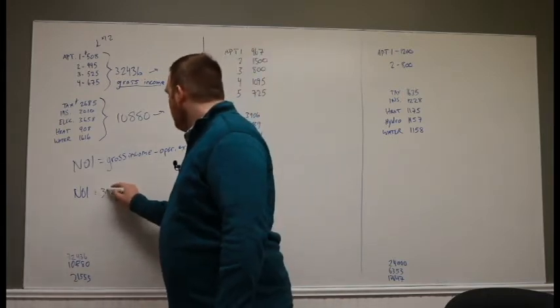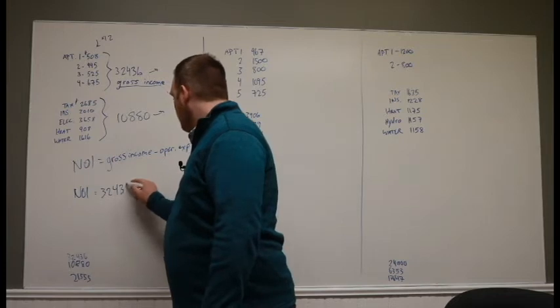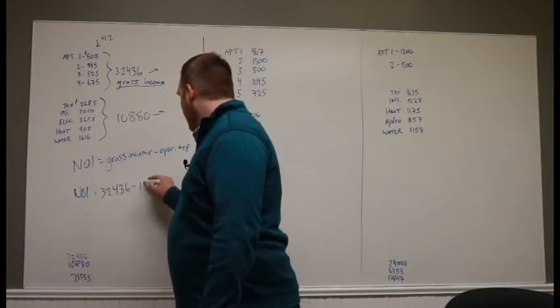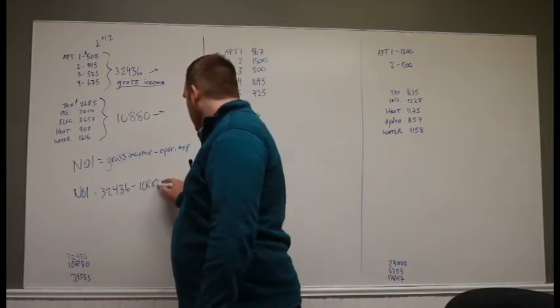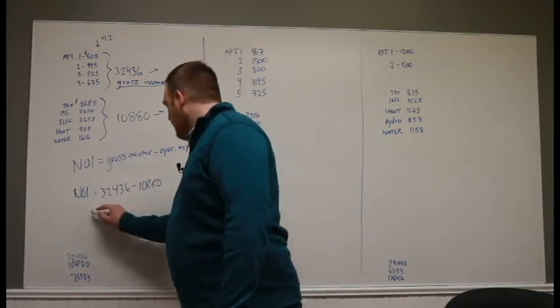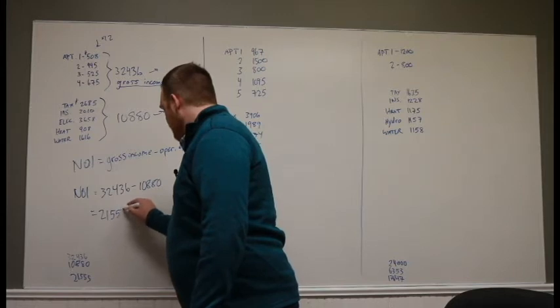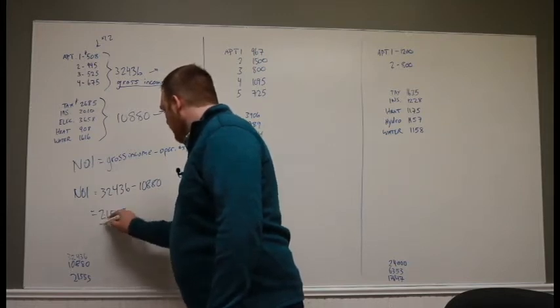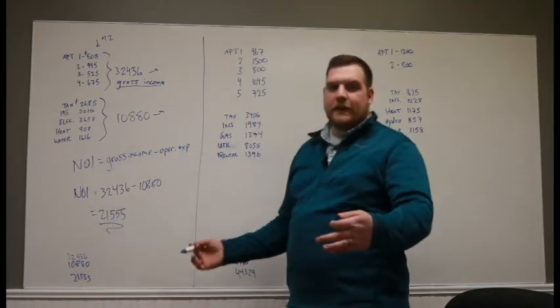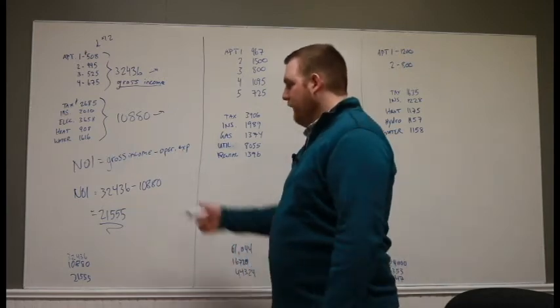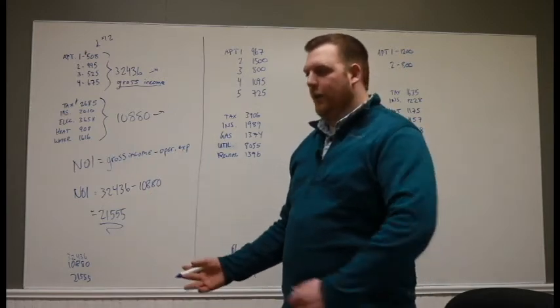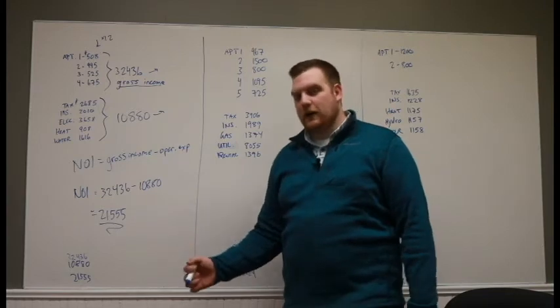We get 32,436 minus 10,880. And what does that equal? That will be 21,555. So now you have the net operating income. You can calculate the cap rate. That's what it's used for. Among other metrics, that's probably the most common one.